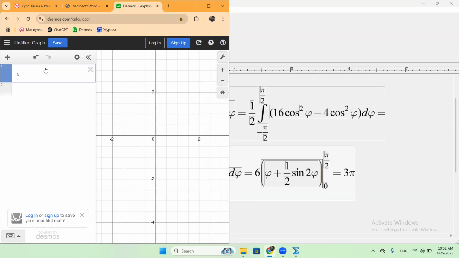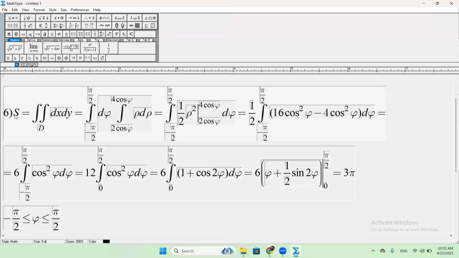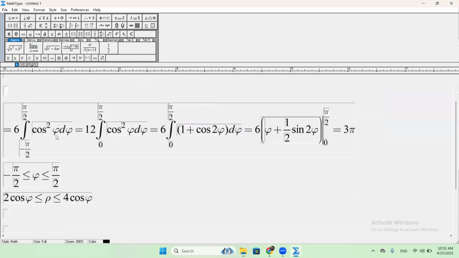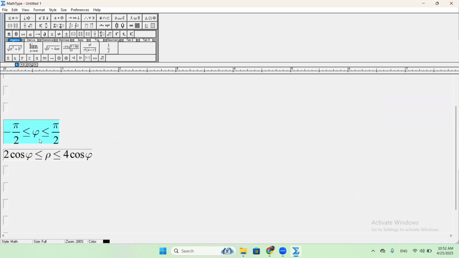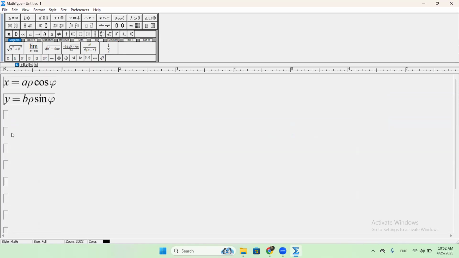Of course, x square plus y square is less than or equal to 4, and both x and y are greater than or equal to 0. So this is the quarter of the round. Let me erase these formulas, and we will continue to the new task.